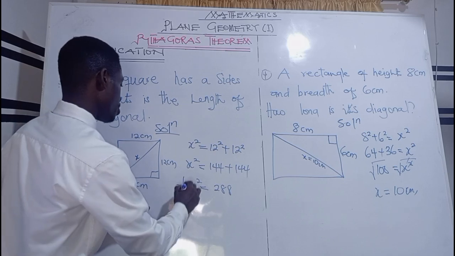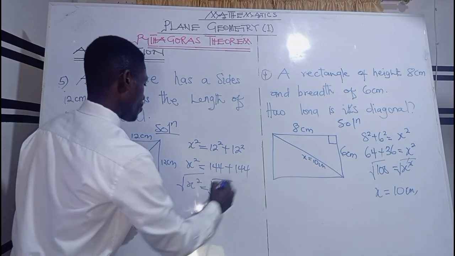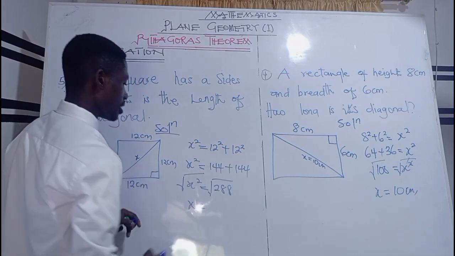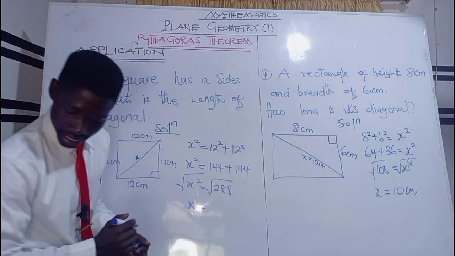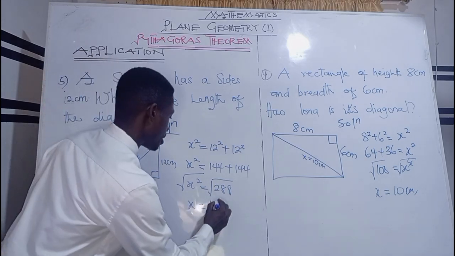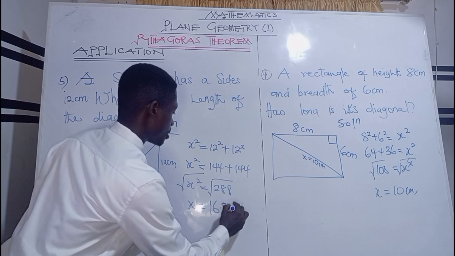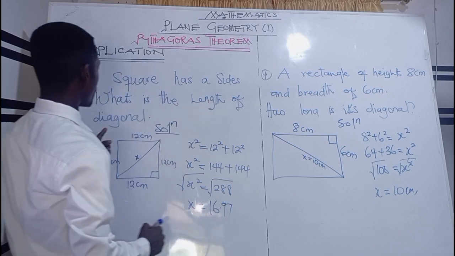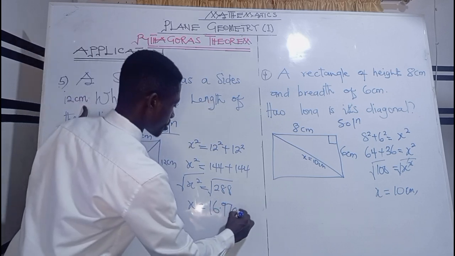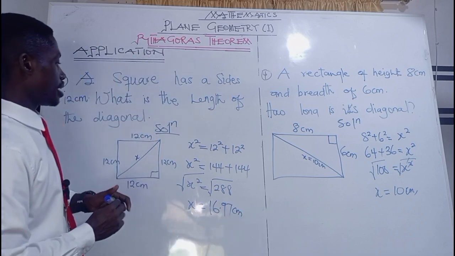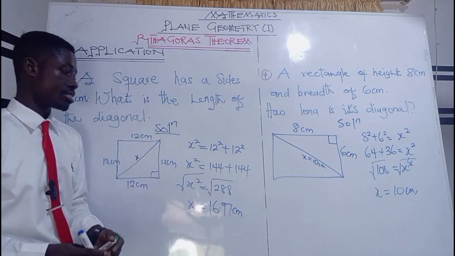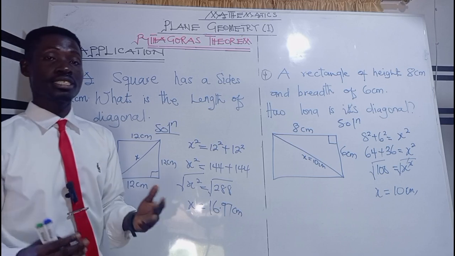So we get x is equal to 16.97. What is the unit? Centimeters. So the length of the diagonal is 16.97 centimeters.